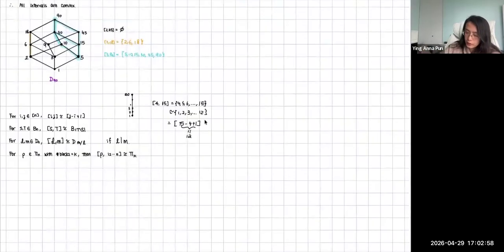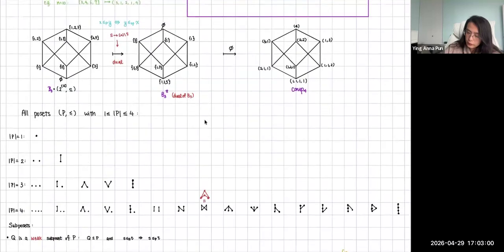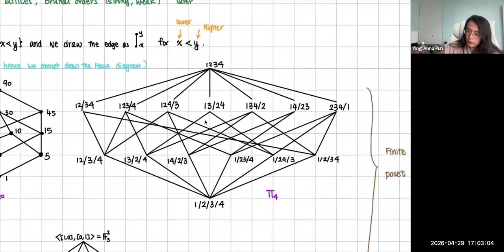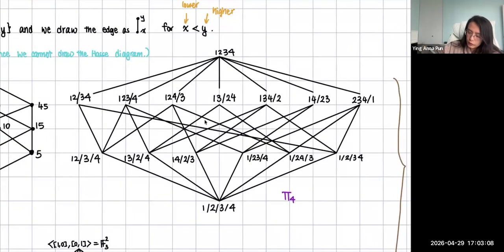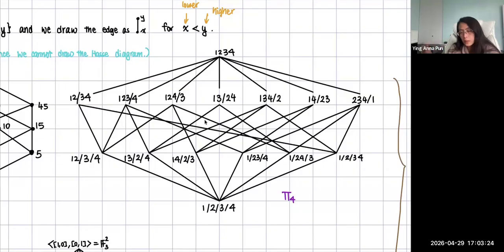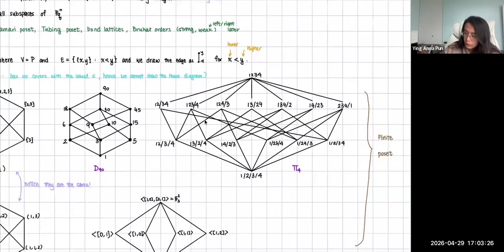So basically, going back to this example, if I know that here I have three blocks, and I want the interval from this to the top, it will be here, here, here, here, here, here. And this guy here is actually the same as pi 3. So that's the idea.